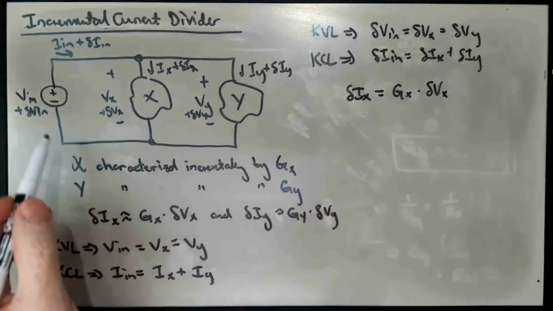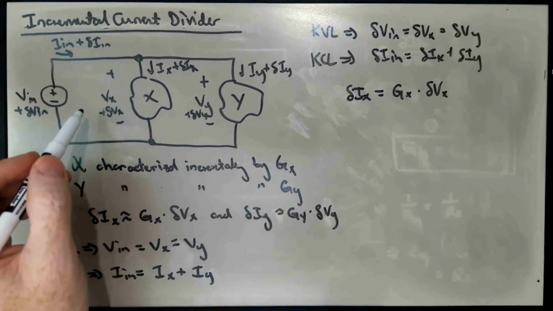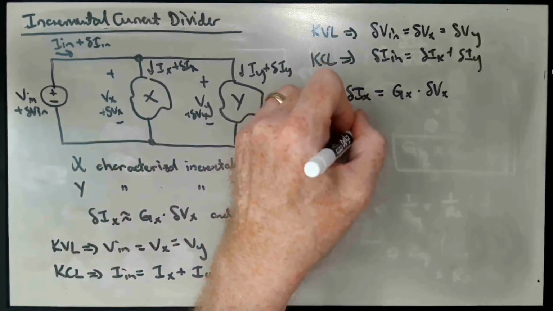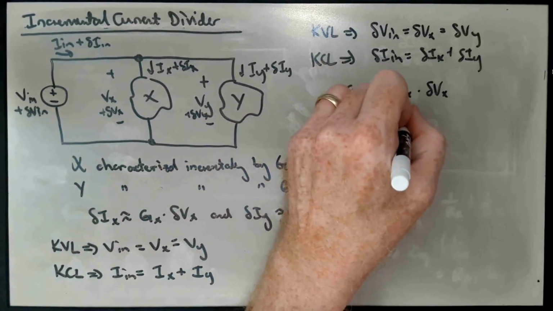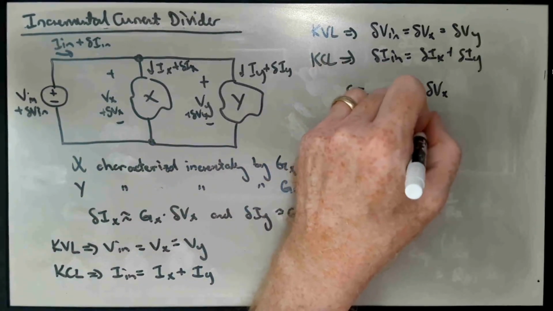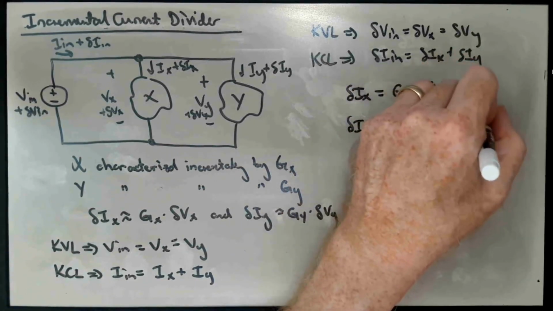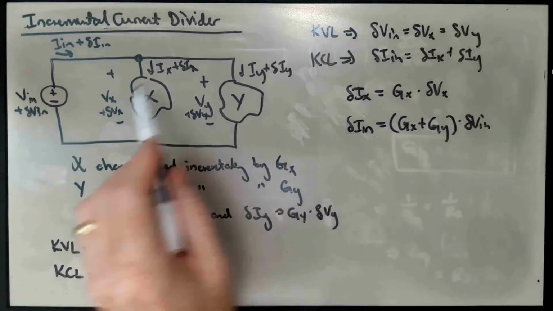And we know from the equivalence that we just showed that delta In is basically given by Gx plus Gy times delta Vn. Right, that's incremental Ohm's law for our parallel combination.